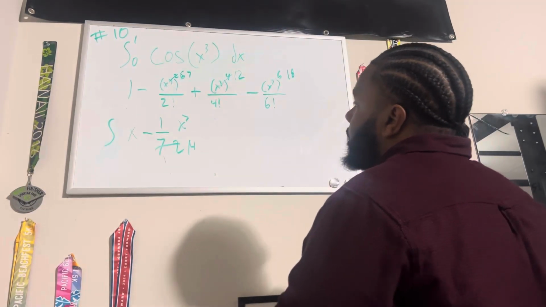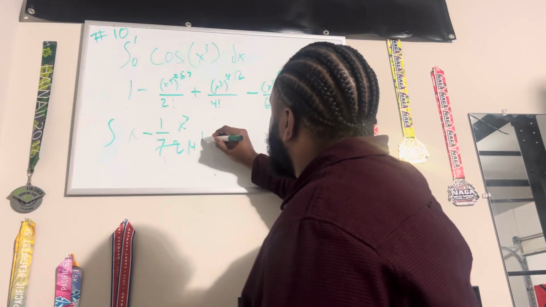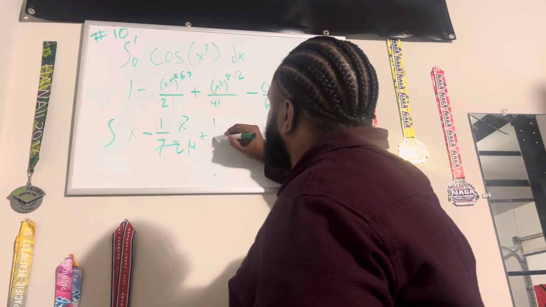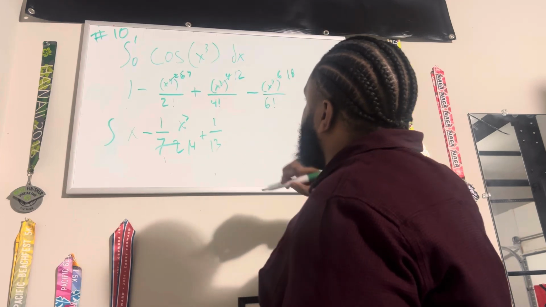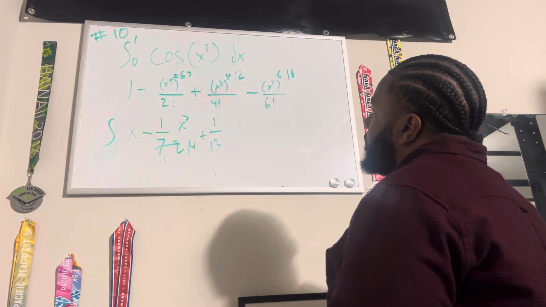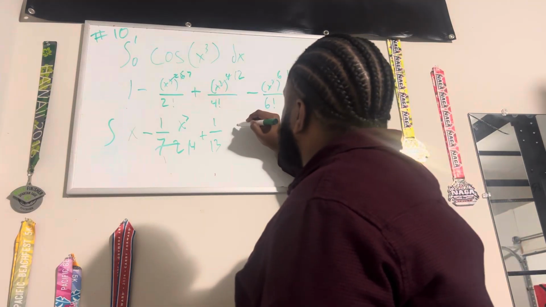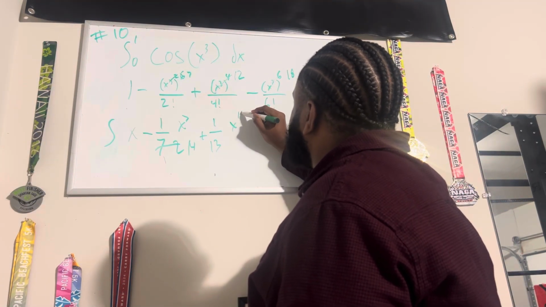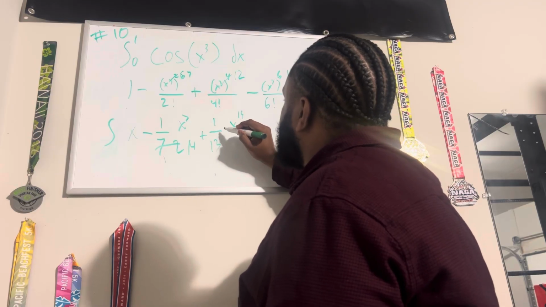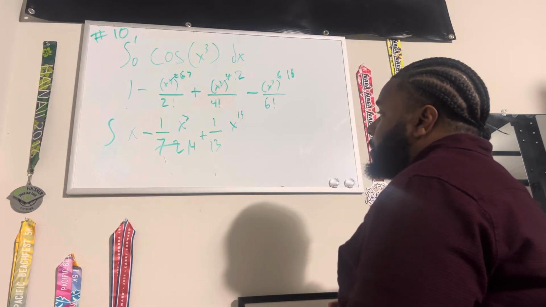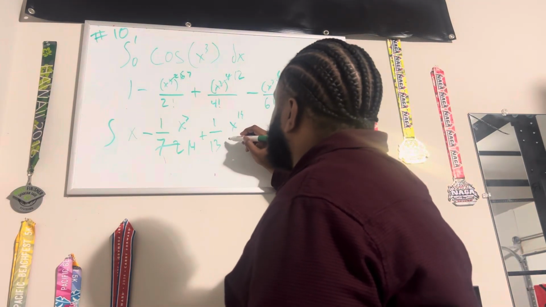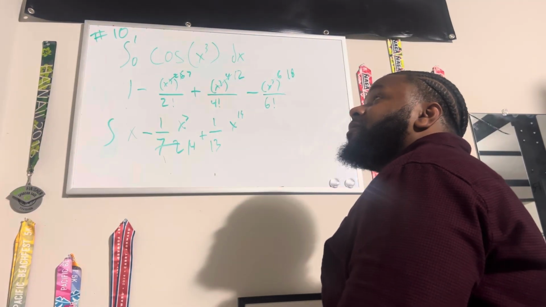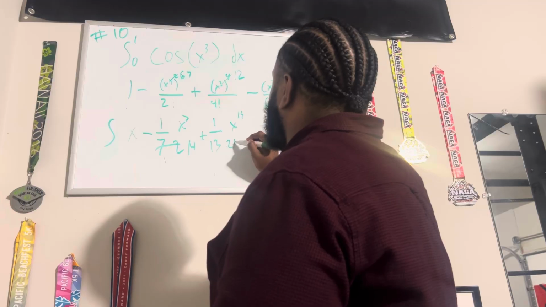And then plus, I said 12, so it's going to be 1 over 13, and then you have an x to the 13. And this is also going to be, oh, this is going to be nasty, times the 24, 24 times 24.